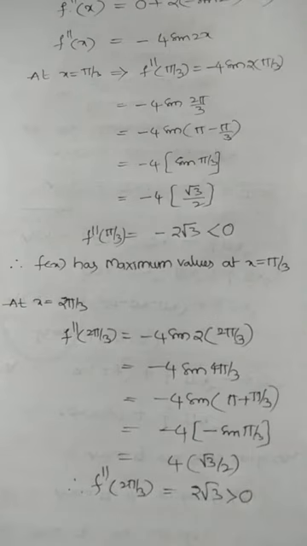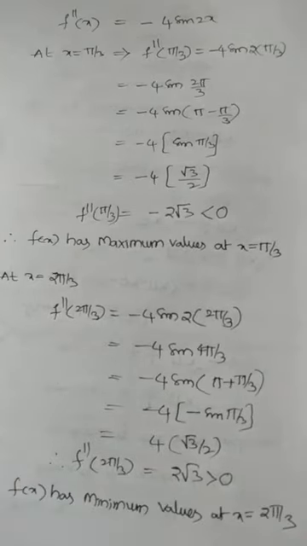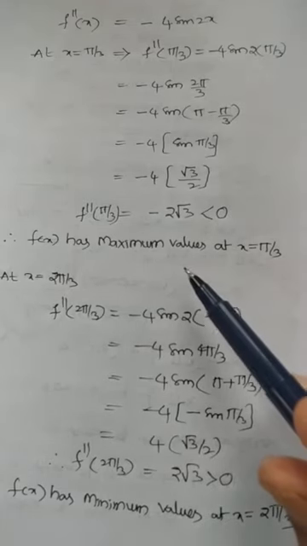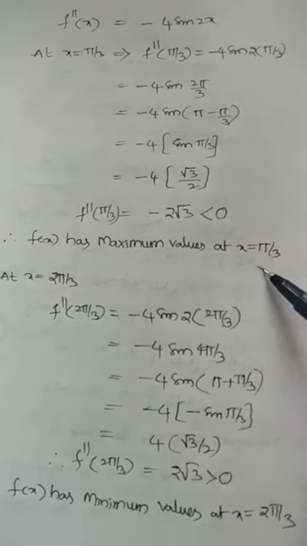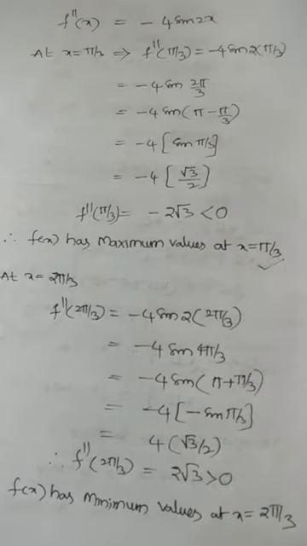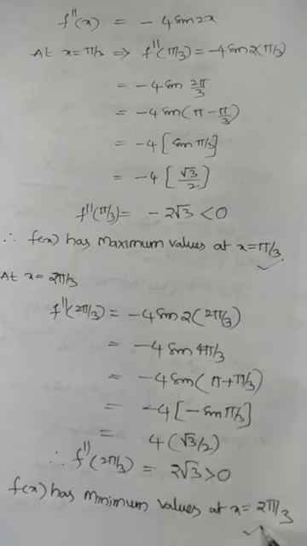Now, what is the conclusion? f(x) has a minimum value at x = 2π/3. Up to now, f(x) has a maximum value at x = π/3 and a minimum value at x = 2π/3.